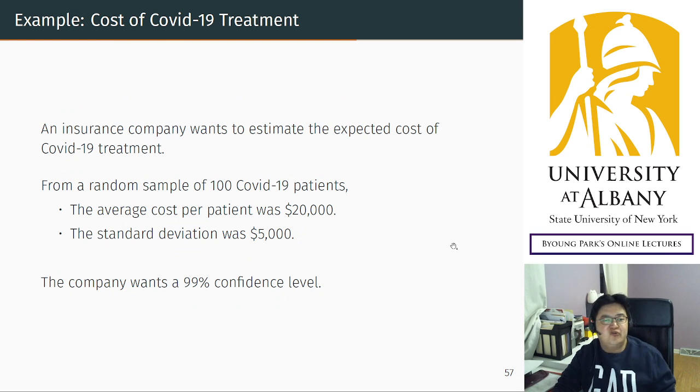And I gave you a pretty simple example about, say, the cost of COVID-19 treatment. In this case, we only know the number of patients and their average expense and their standard deviation. You can calculate the average, simple, and you can calculate the standard deviation, also simple.